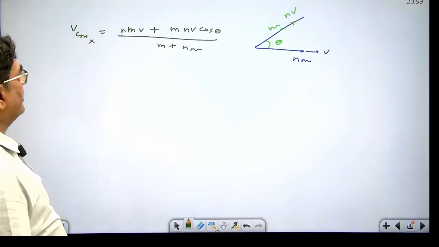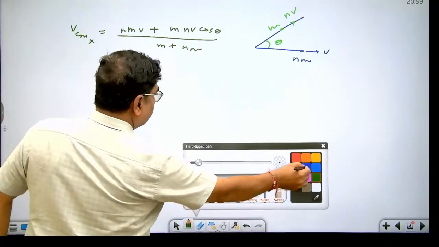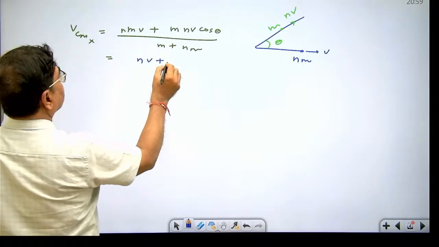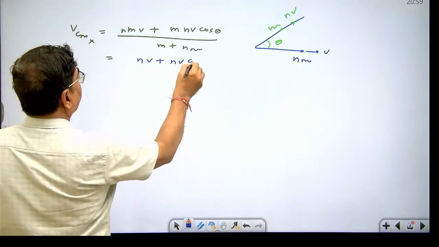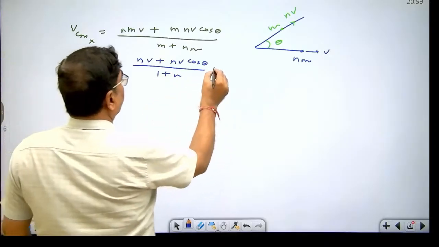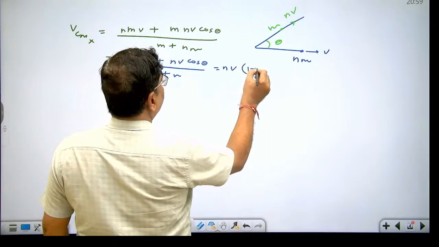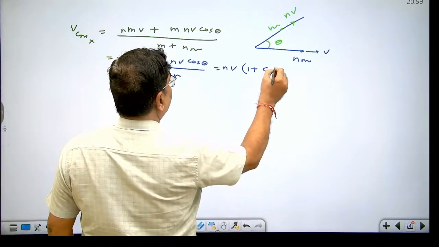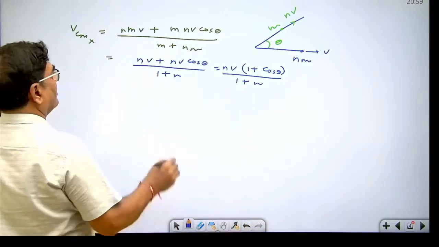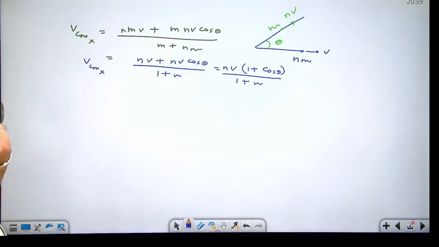This is the velocity of center of mass in the x direction. After solving this, m will get cancelled. This is nv plus nv cos theta divided by 1 plus n. We can take nv as common. This is nv (1 plus cos theta) divided by 1 plus n. This is the magnitude of velocity of center of mass in the x direction.